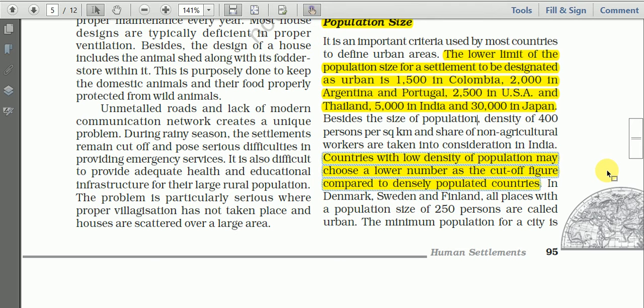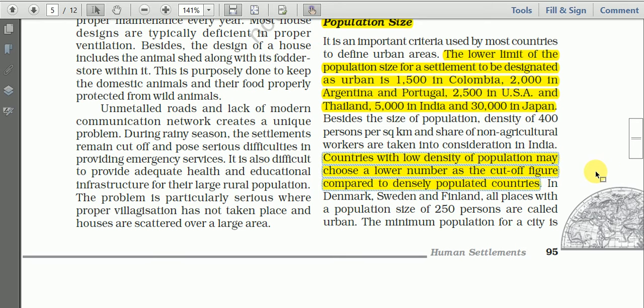That means in countries where the population density is very low, they choose a lower number as the cutoff figure, whereas in densely populated countries, they choose a higher figure as a cutoff.